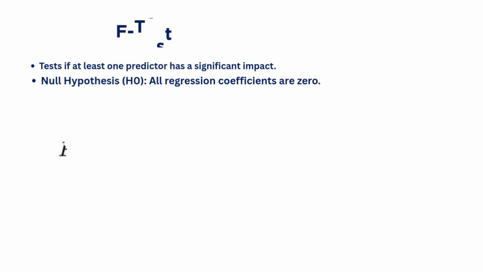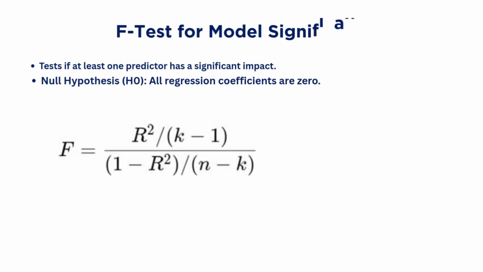Okay, we can now move to our next slide. The F test. It tests whether at least one predictor has a significant impact.